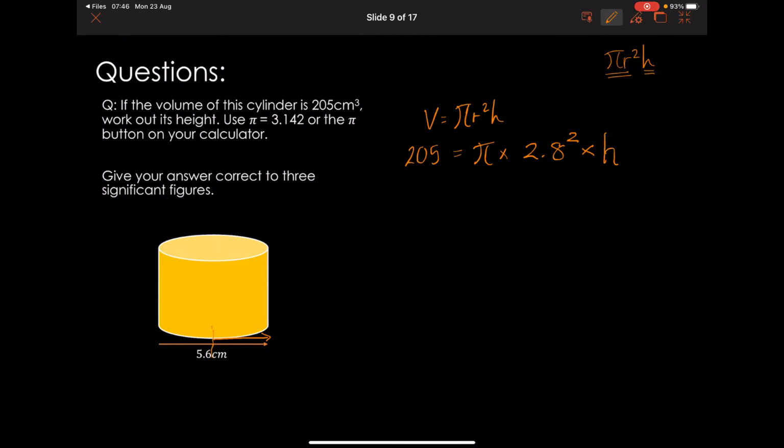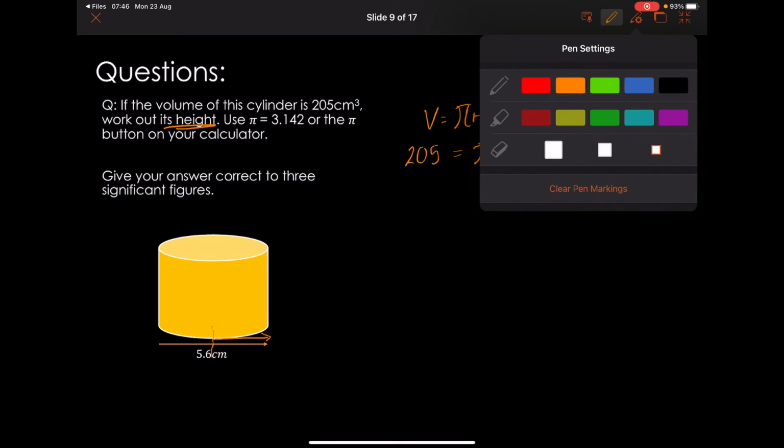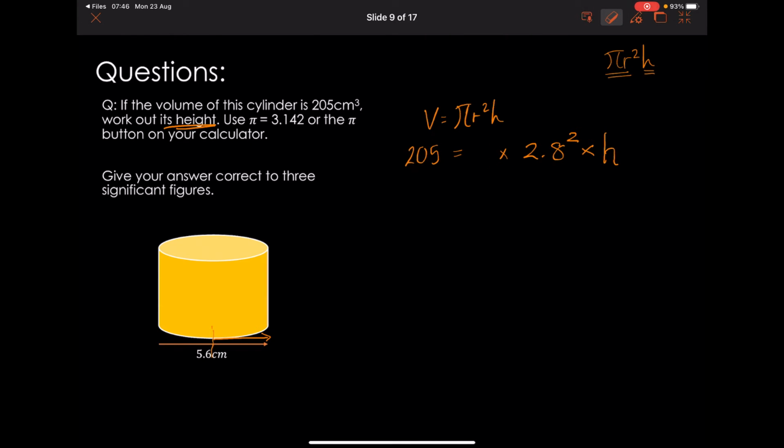We don't know h, we're trying to find h, work out its height. We also know that pi, I'm going to replace pi here with 3.142, because that's the number it's telling me to use, or I can use pi on my calculator.